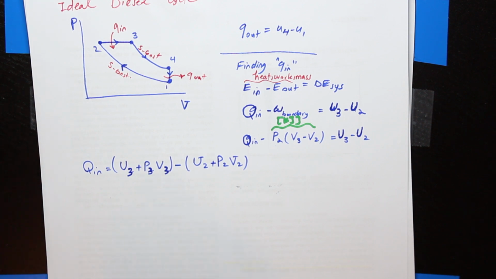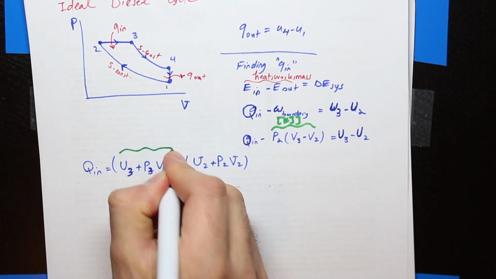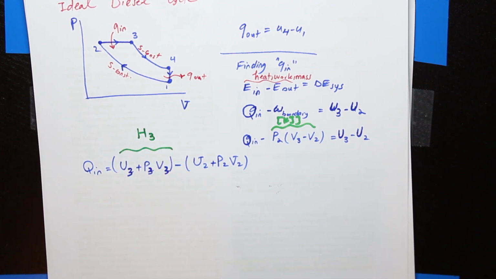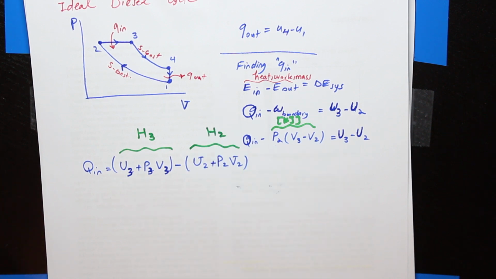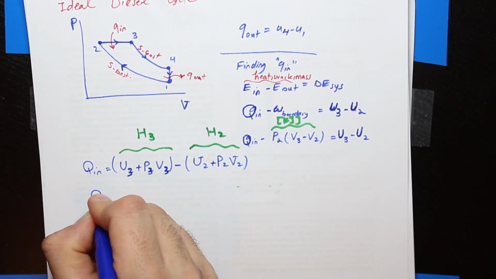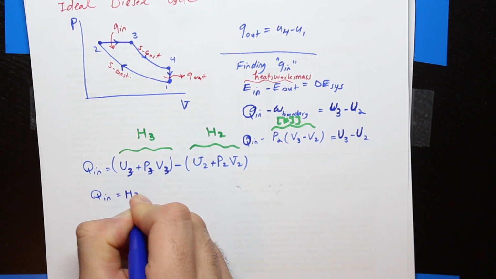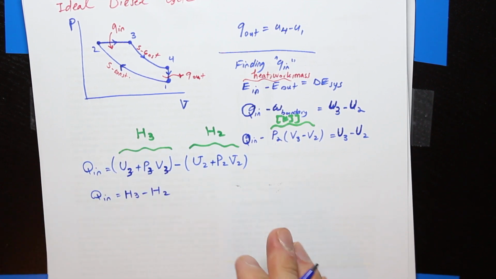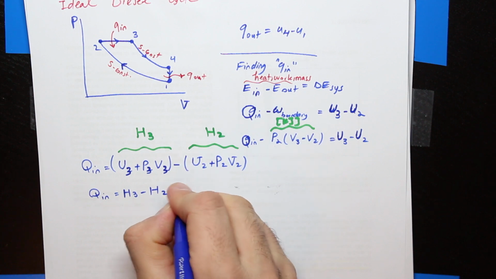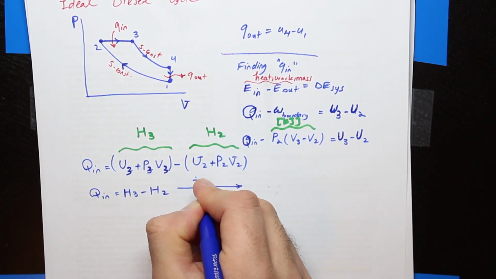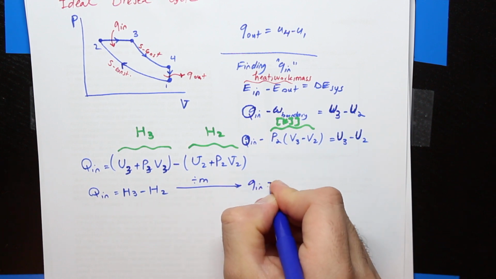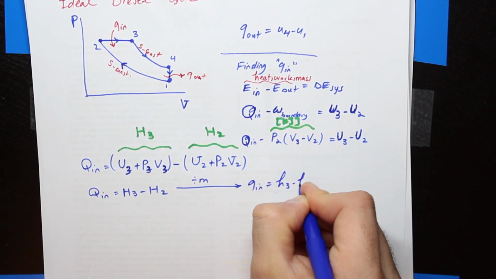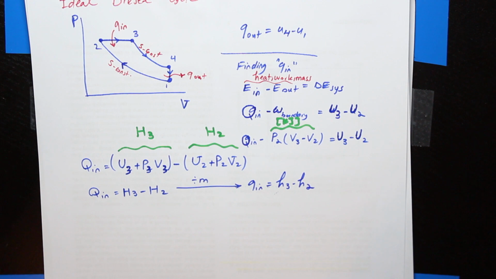You know that the combination of U and PV is H, enthalpy, the same thing here, H2, and all of them are in caps, right? Q in is equal to H3 minus H2. One thing I can do easily is divide both sides by mass, and that gives me q in equal to h3 minus h2.